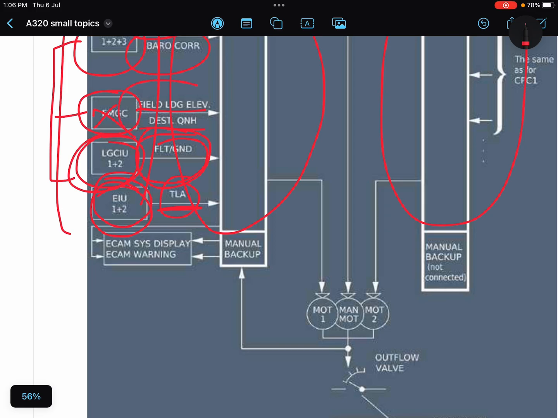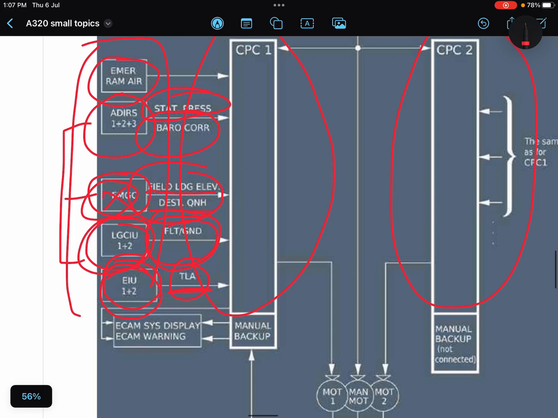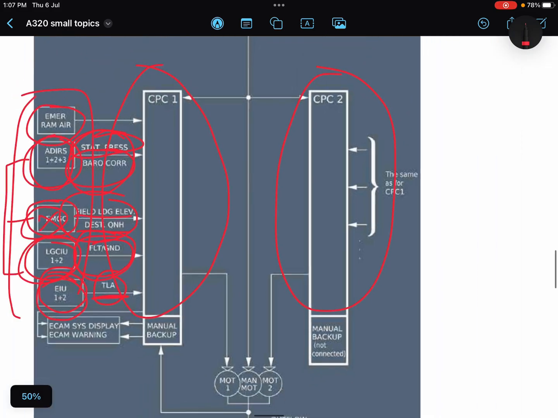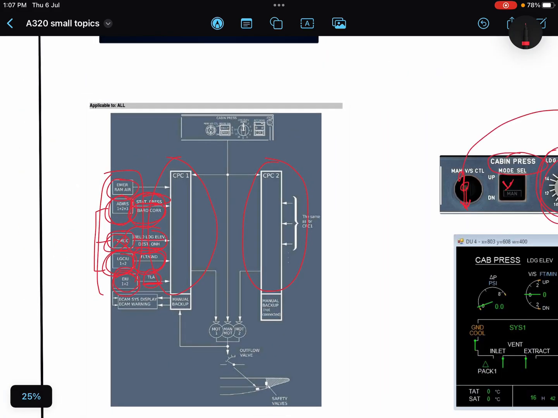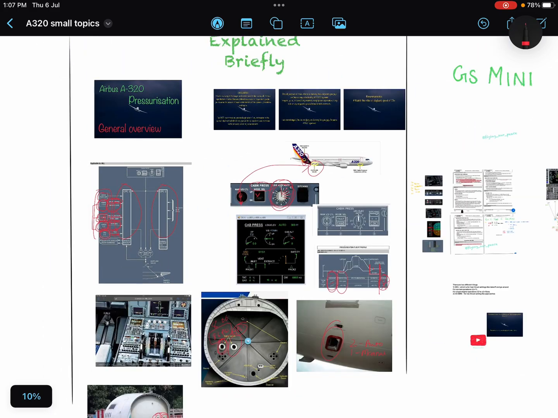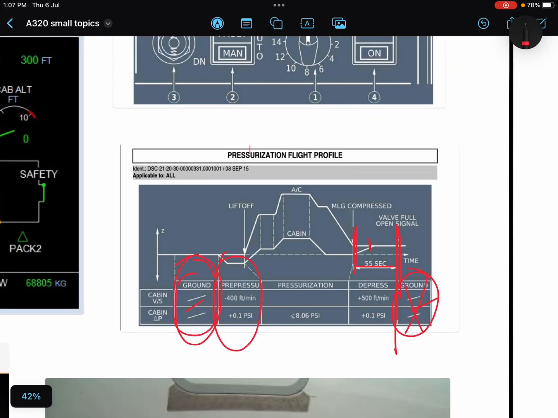The destination QNH or field elevation is taken from the FMGC, and static pressure and baro reference are taken from the ADIRS, right? So if the thrust levers are advanced to full thrust, the aircraft pre-pressurizes itself to 0.1 psi to avoid any pressure surge or bump at rotation.